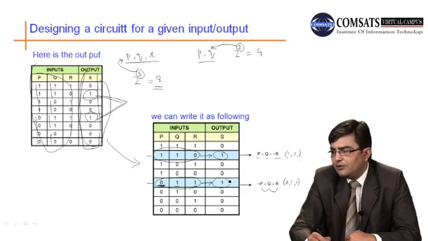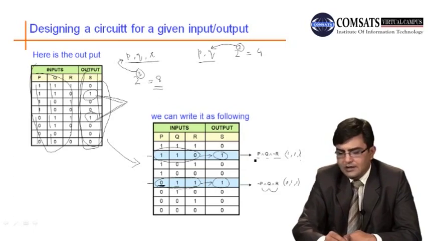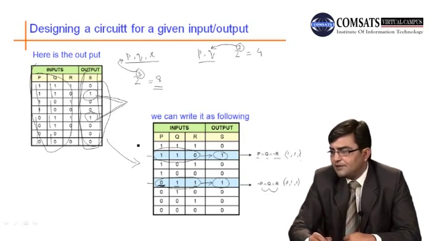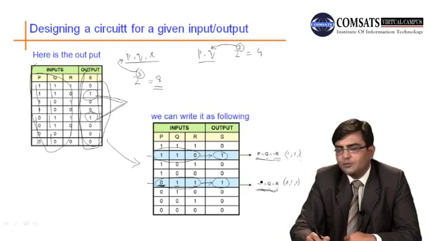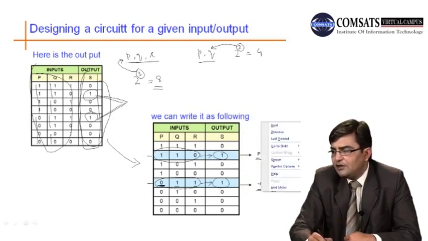Now, how do we write the logical expression for these two outputs? This is an input and this is an input, and we have two true outputs, 1, 1.